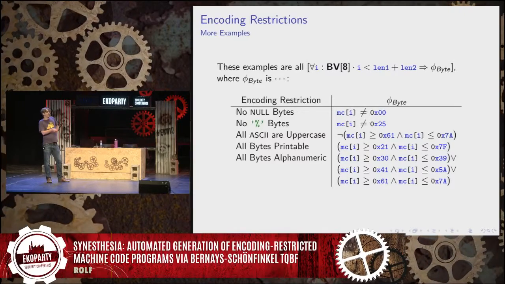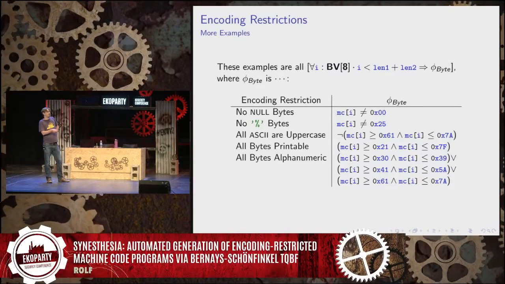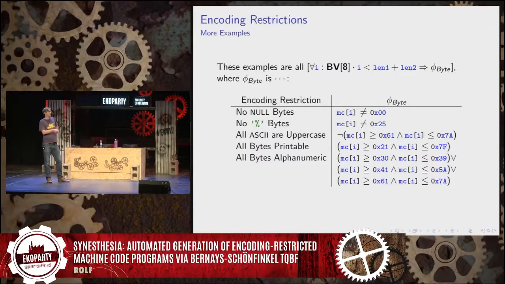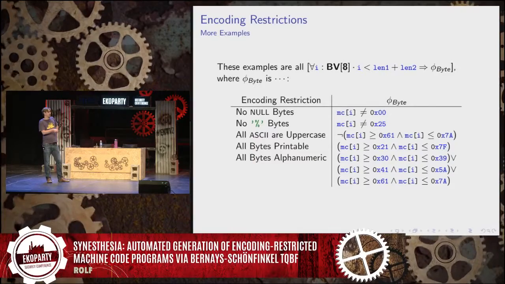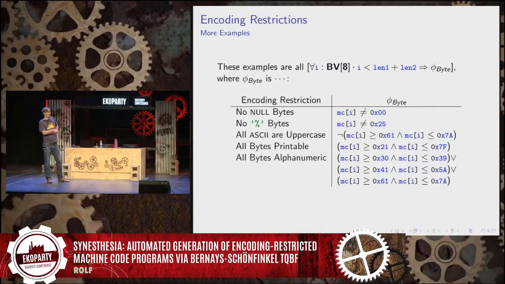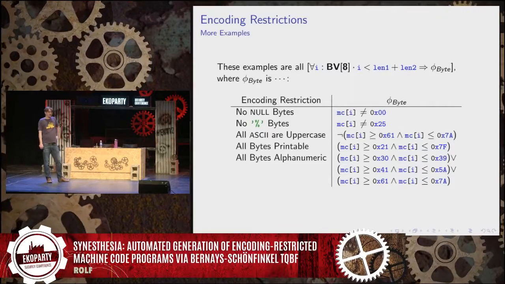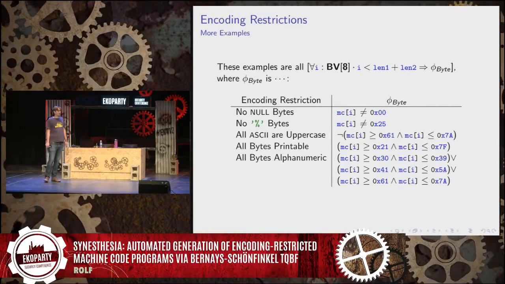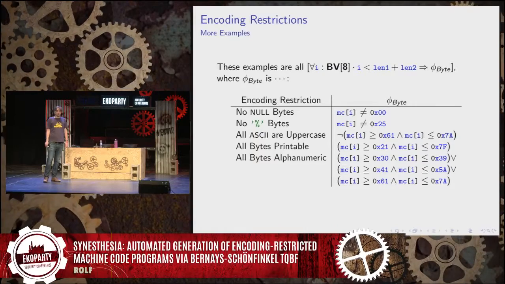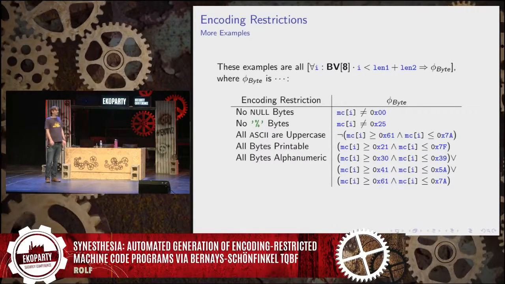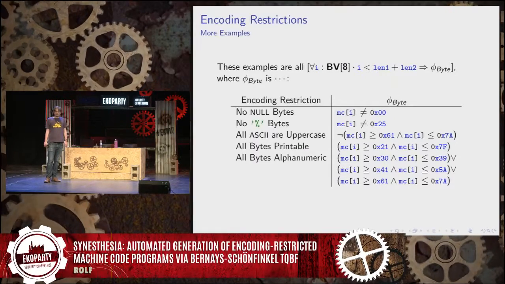And if we want all of our bytes to be printable, we just say the byte falls in the range of 21 hex to 7F hex. Or if we want all bytes being alphanumeric, then we say it's either a digit, or it's an uppercase letter, or it's a lowercase letter. So hopefully you can begin to see how flexible and powerful this construction I've shown you is, where we can specify actually anything about the way that our program is allowed to be encoded.